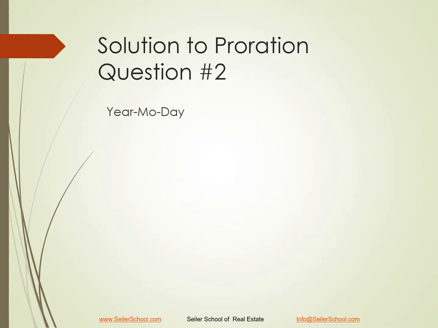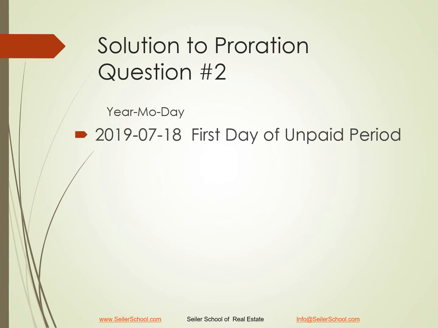Solution to our question number 2 in prorations. We determined that the first day of the unpaid period, that would be the day after the period where the insurance policy ends, so that would be 2019-07-18. That would be our first day of the unpaid period.